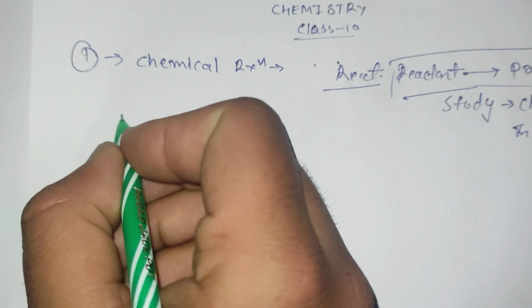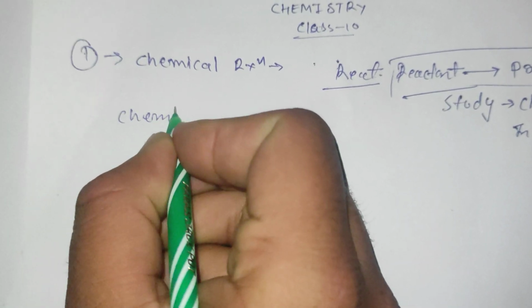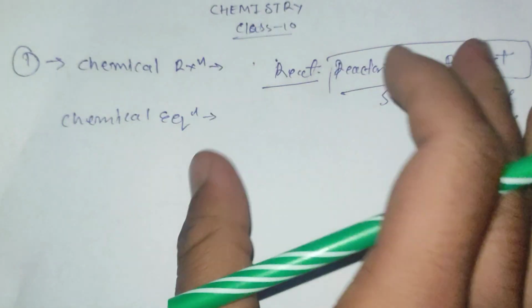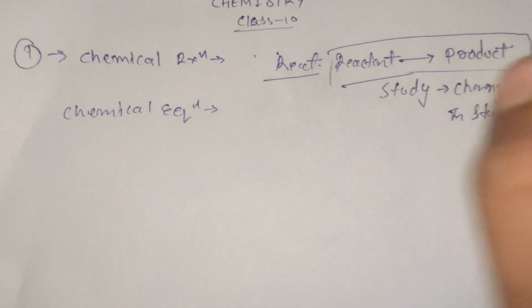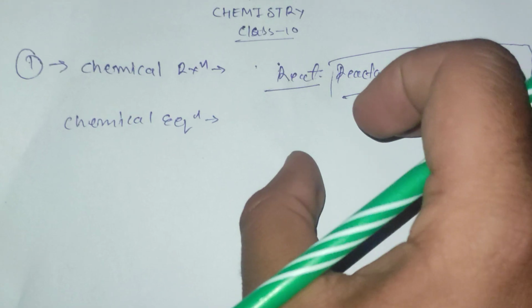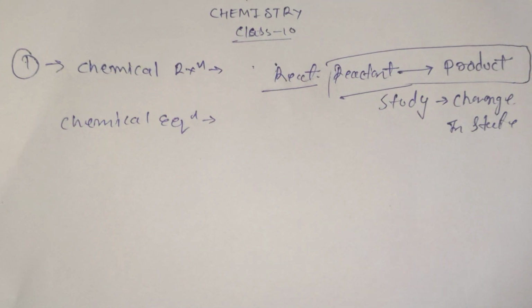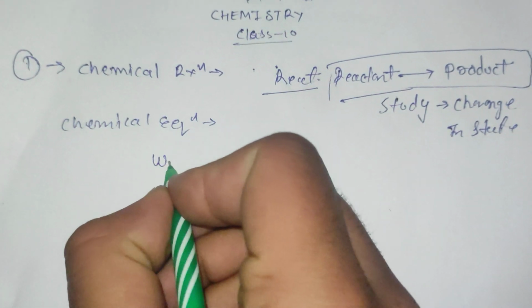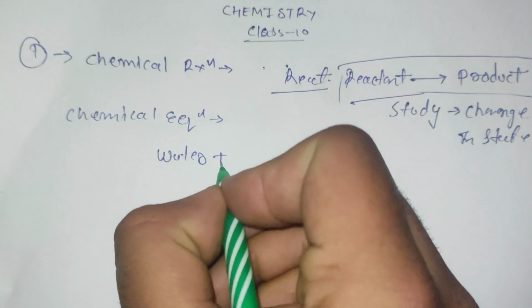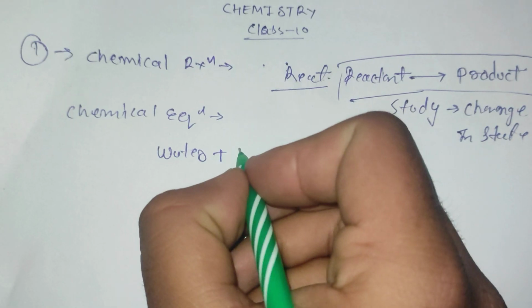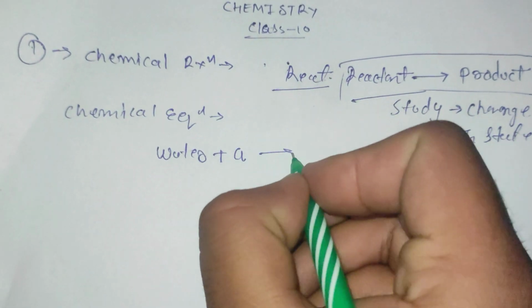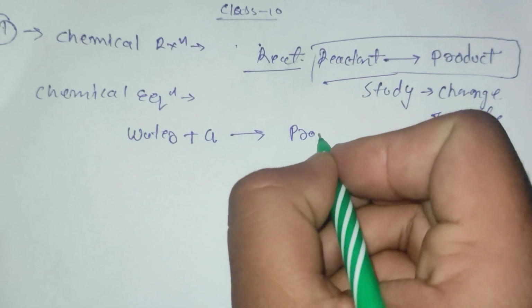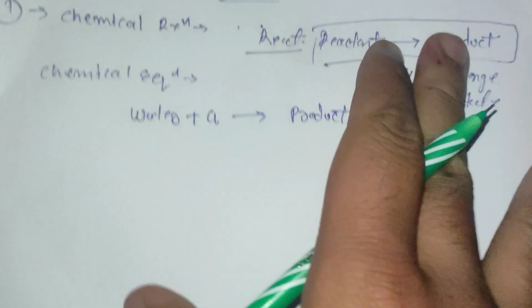And the chemical equation: for example, we say that water reacts with a compound A, and we get a product.